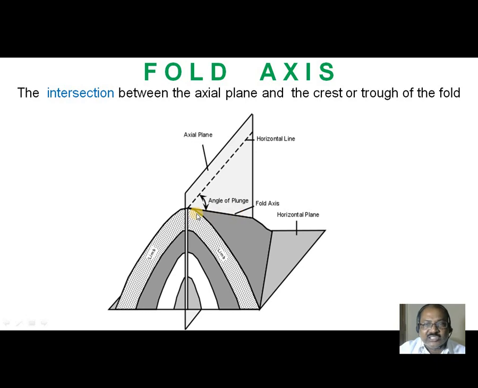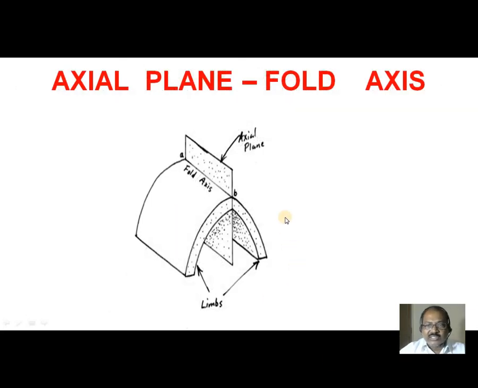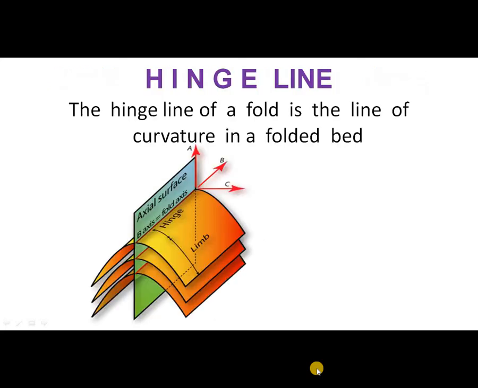If you join them, this is called the fold axis. You can see here that AB is the fold axis, and the fold has one limb here and another limb here. That means a fold has 2 limbs, and this is the axial plane, an imaginary plane.